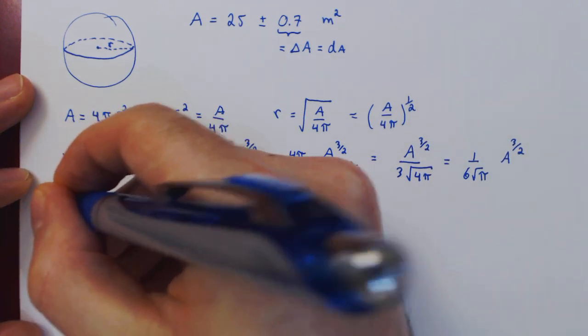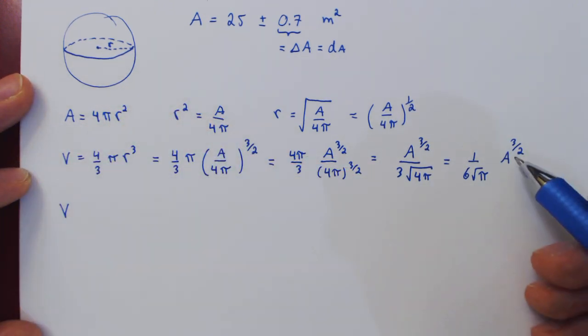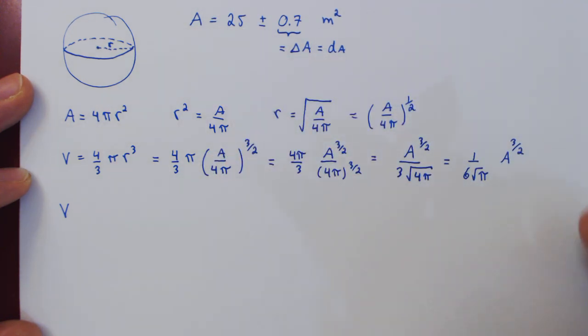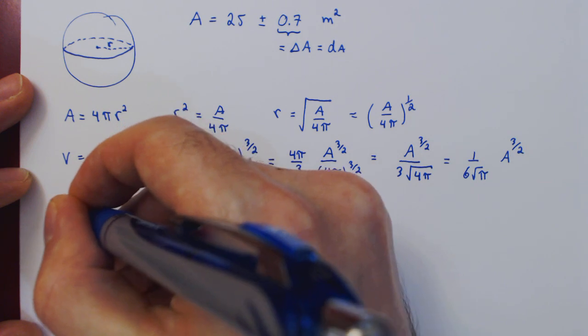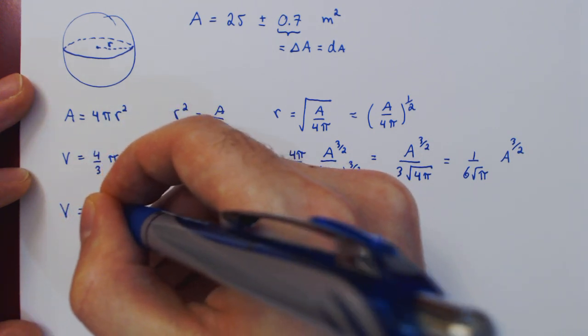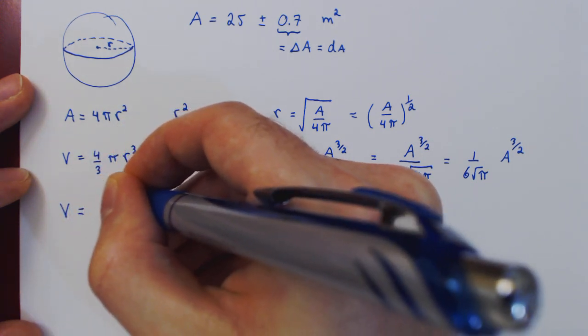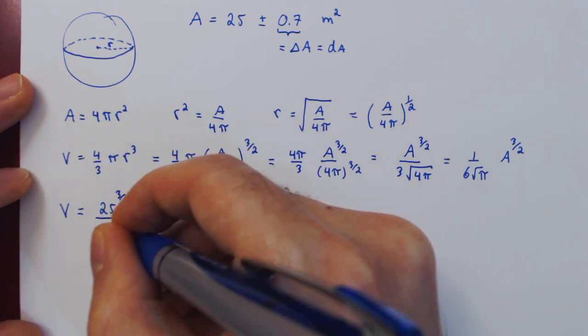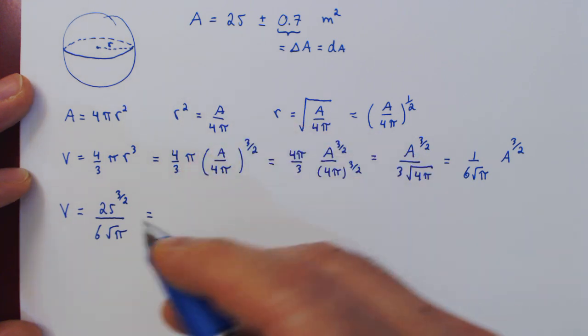So if we now replace the value of A of 25 in the expression, the volume becomes 25 to the power of 3 over 2 over 6 root of pi. We can simplify here.